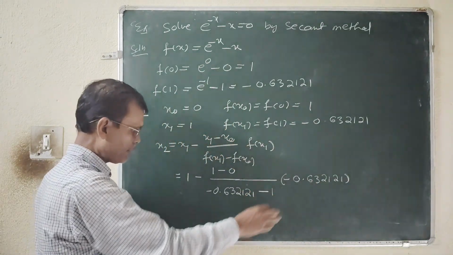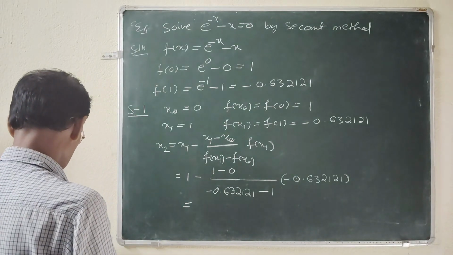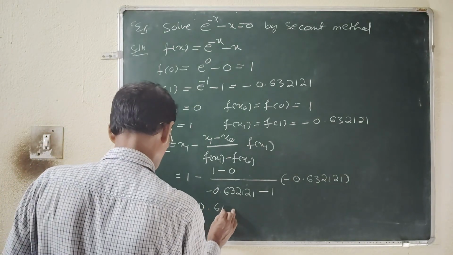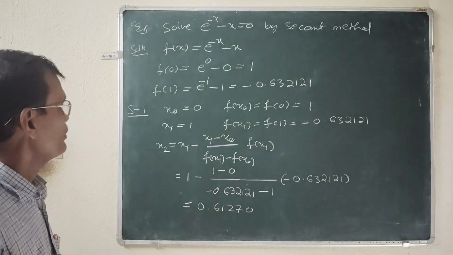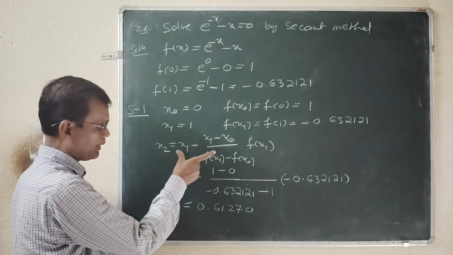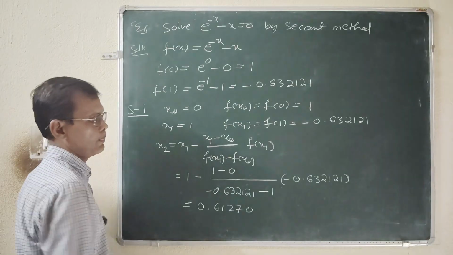If we simplify this, we get x2 is 0.61270. This is the formula of the second method. By applying the second method with two initial values, we get x2 as this.